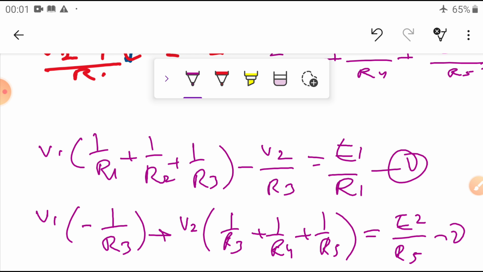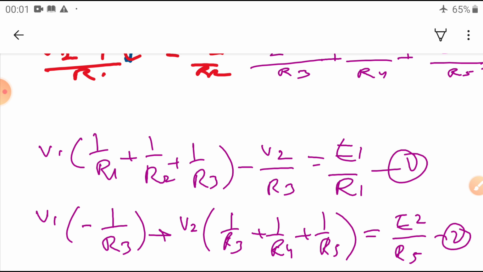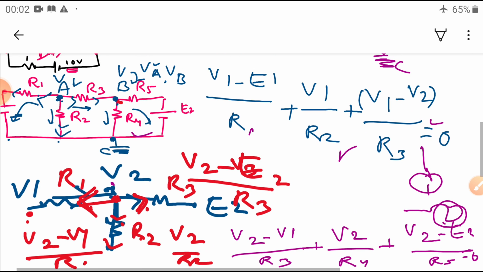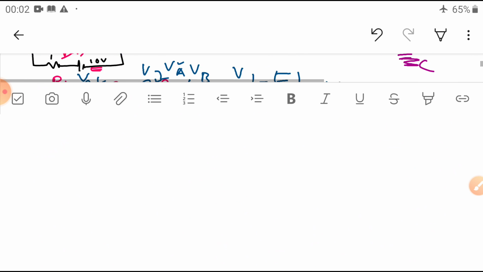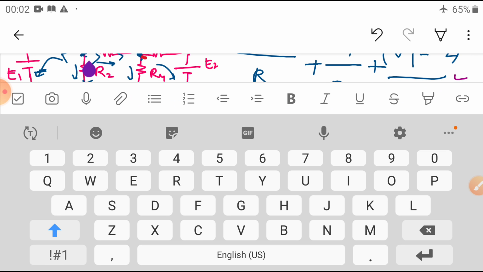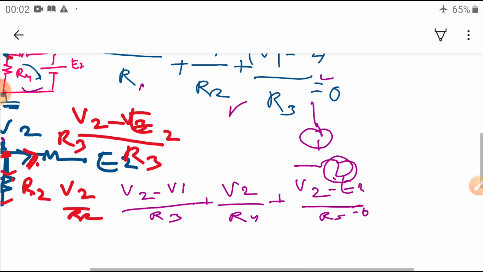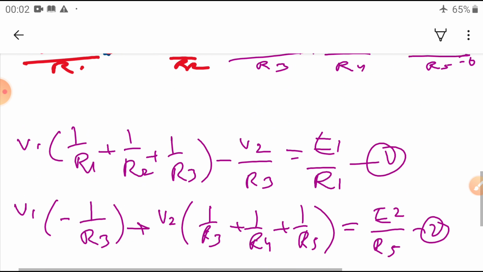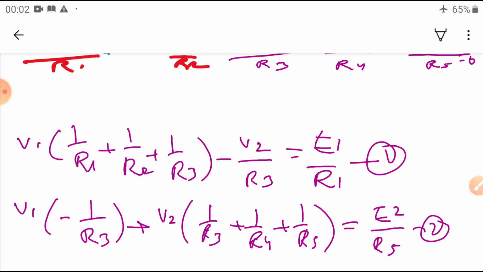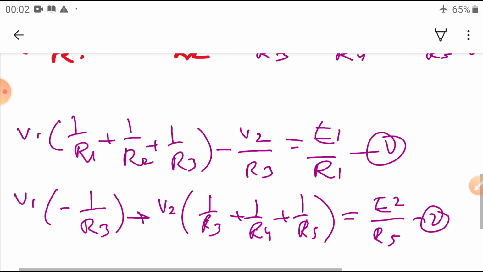This is the second equation. So you can see, from node A and node B we have written two equations. By simplifying these equations, we are going to get them in matrix form.